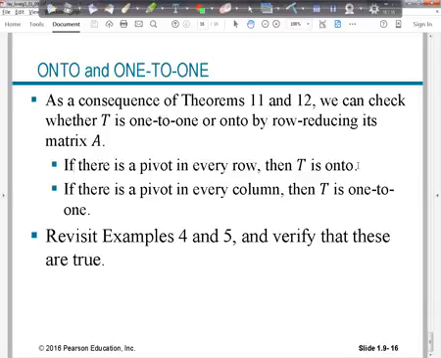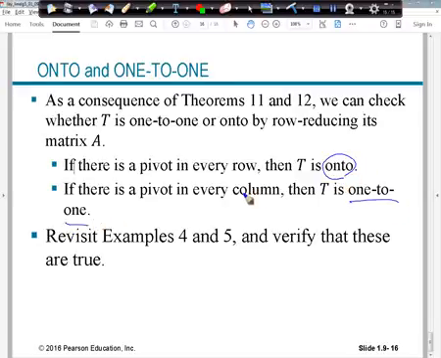So this is probably the last slide. Okay, so about the onto and one-to-one, this is saying something about the pivot. And then interestingly, it's like tricking or playing with the words.